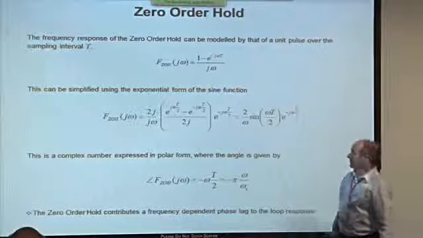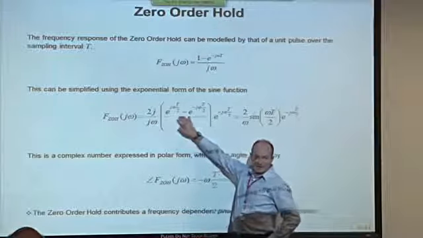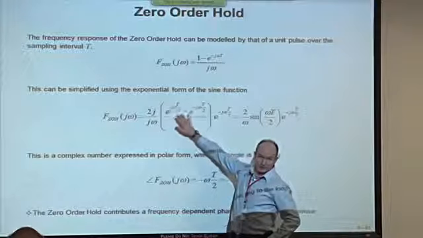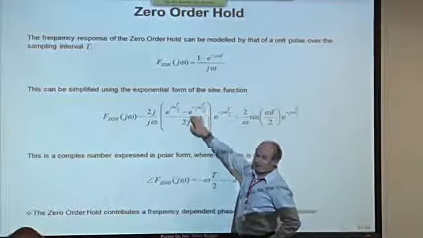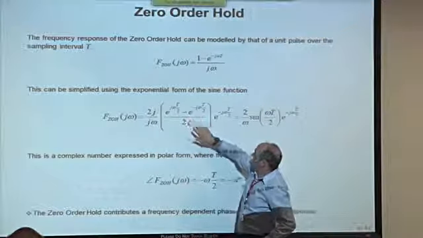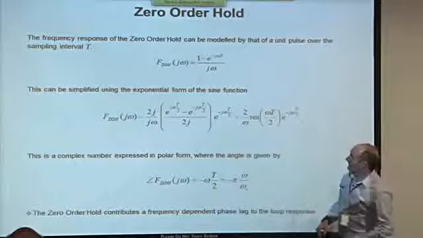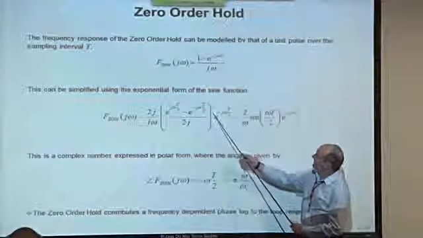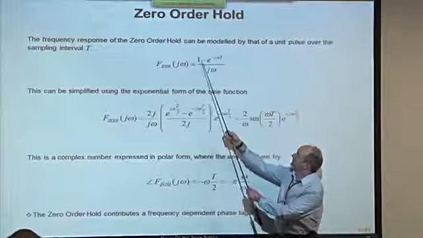Now I'm going to make this look like a sine function, because this is the exponential form of a sinusoid: e to the j something minus e to the minus j something divided by 2j, that's a sinusoid. To get it to look like that, I have to factor out a term e to the minus j omega T over 2. So satisfy yourself that this term multiplied by this term would give you e to the power of 0, which is 1.